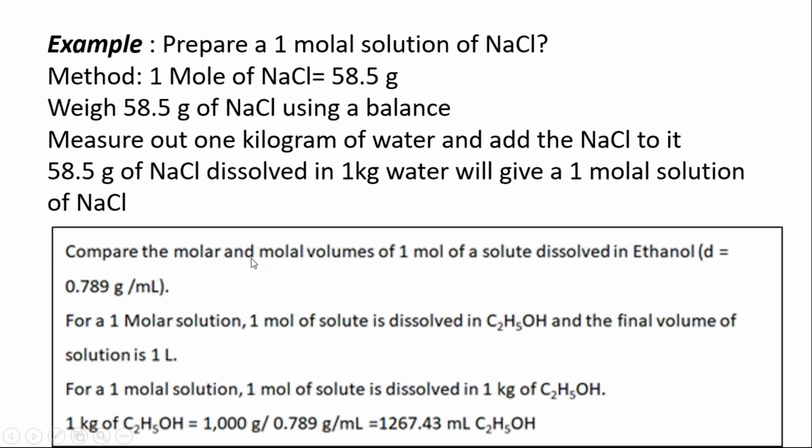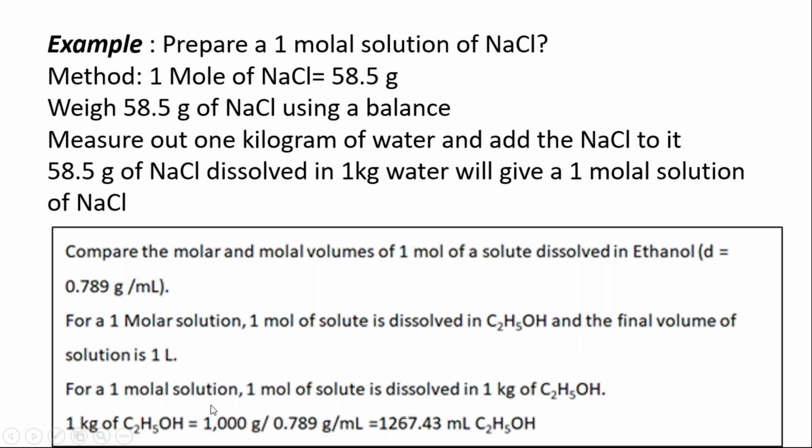So here you compare the molarity and molality of a solute which is dissolved in ethanol. For a 1 molar solution, you dissolve 1 mole of the solute in ethanol, and the final volume of solution is 1 liter.